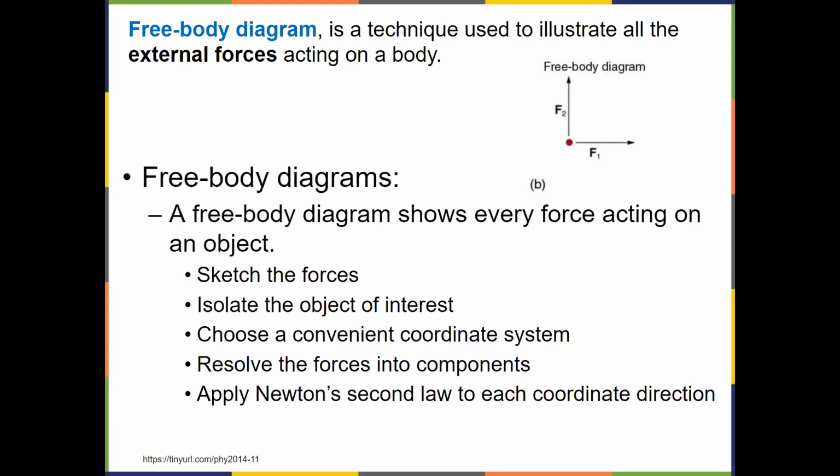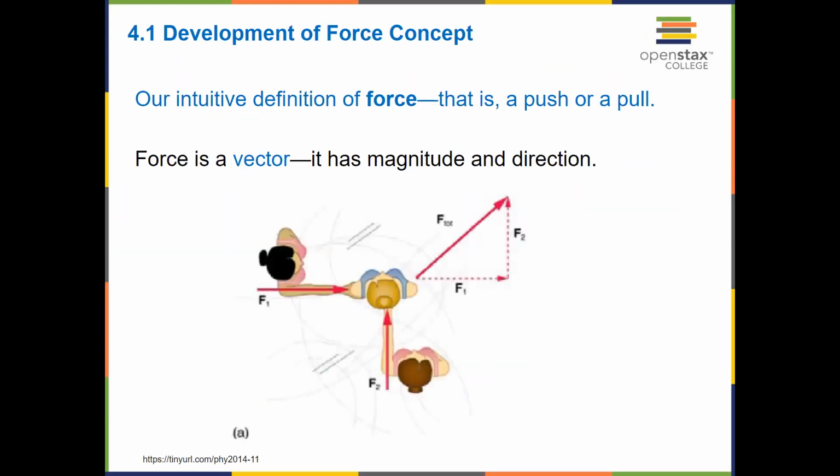So this is a free body diagram, one example of what we saw earlier when a friend is out skating and 2 other friends are pushing on her. So you have F1 and F2. If you're looking at her body here, figuring out the motion of the body, then this is the object of interest. To represent the object of interest, you don't have to draw a fancy picture like this. You can just use a dot.